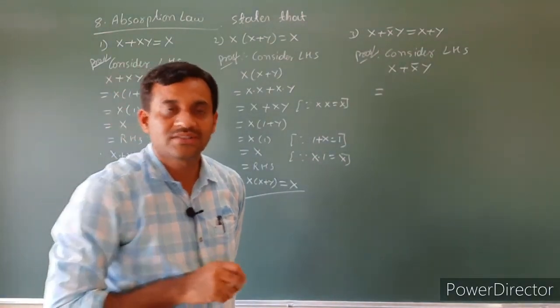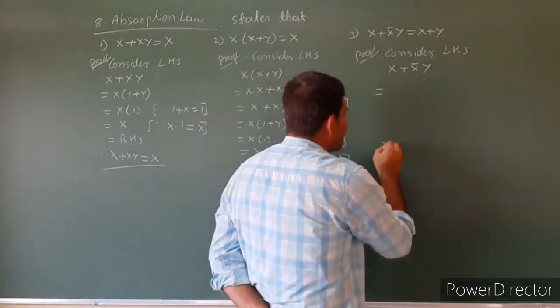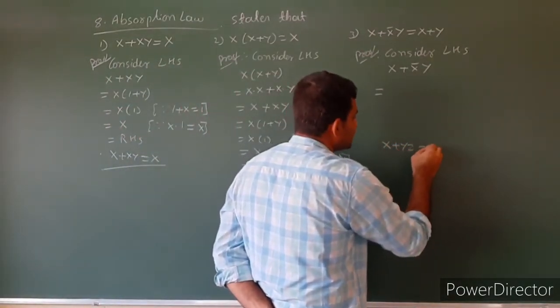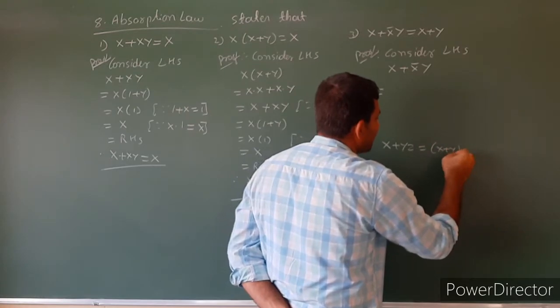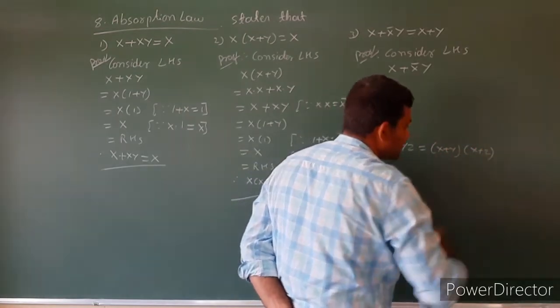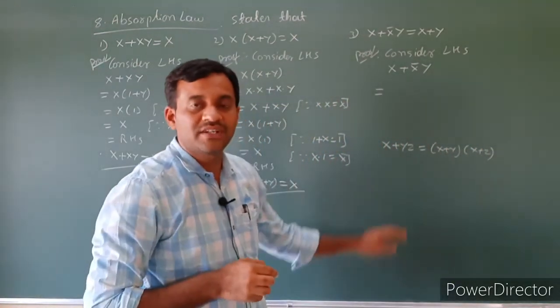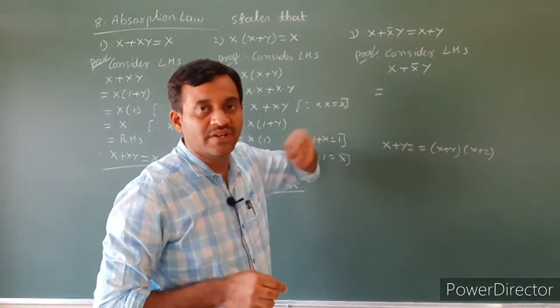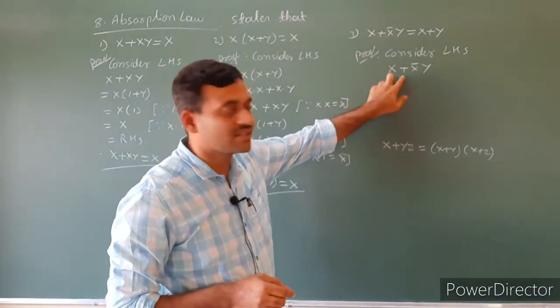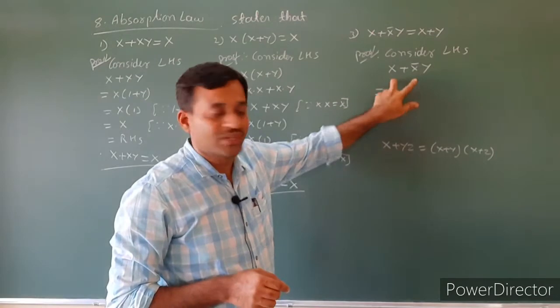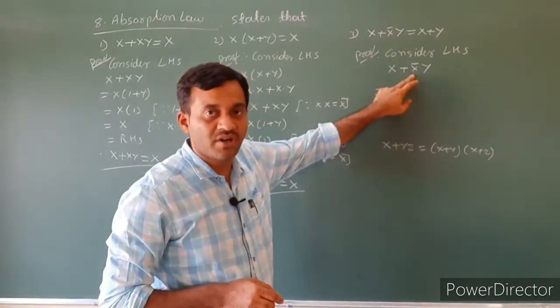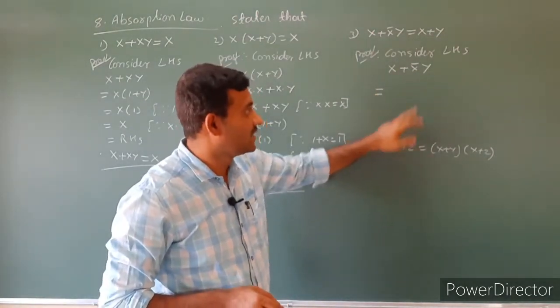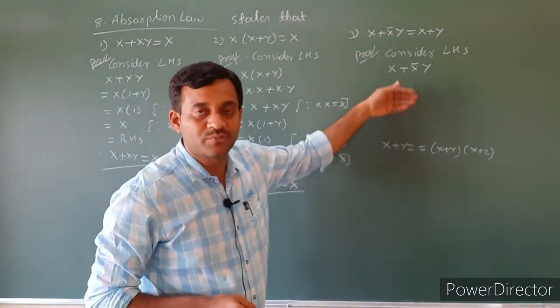Already we know what is distributive law, that is x plus yz which is equal to x plus y into x plus z. This is the distributive law. Apply distributive law for the expression. Here expression is x plus x bar y. In the place of y there is x bar, in the place of z there is y. Apply the distributive law.